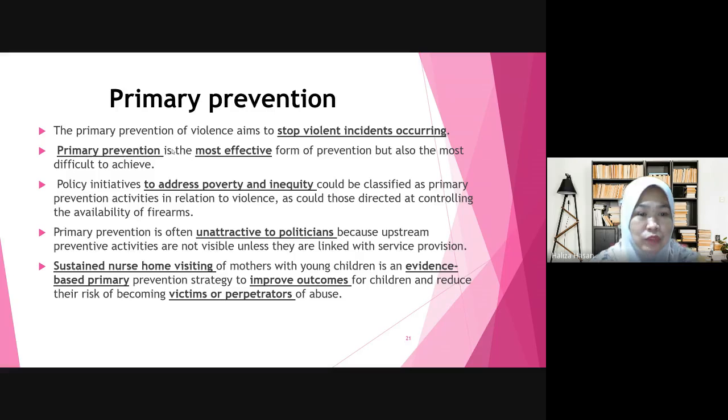So we also need to be concerned about this sign, because maybe the children are being abused by the parents, they didn't give food, they didn't take care of the child. So this is also a point that we can look at as our primary prevention.